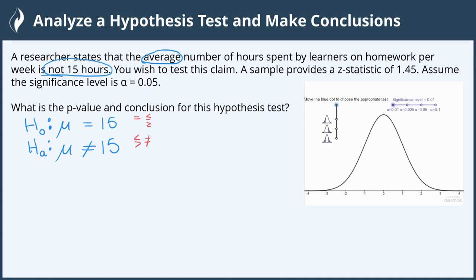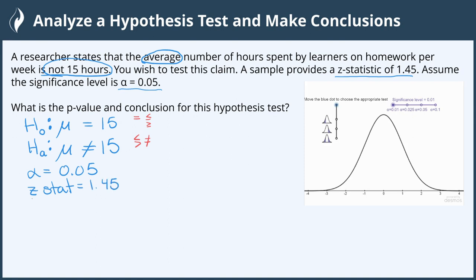Now that we have our hypotheses, let's finish organizing all of the information that was given to us. We were given a z-statistic of 1.45 and an alpha of 0.05. So let's put these here, that alpha is 0.05 and our z-statistic is 1.45.